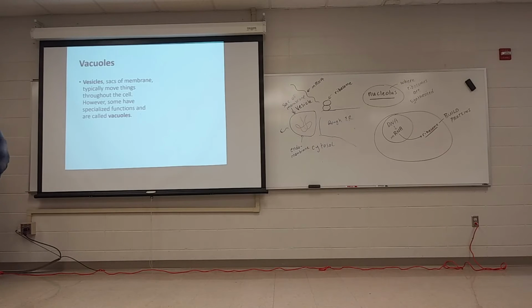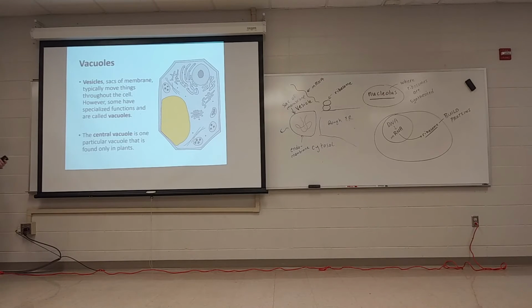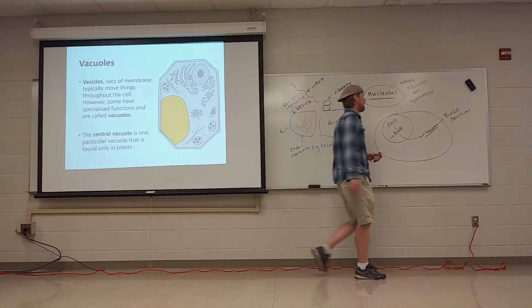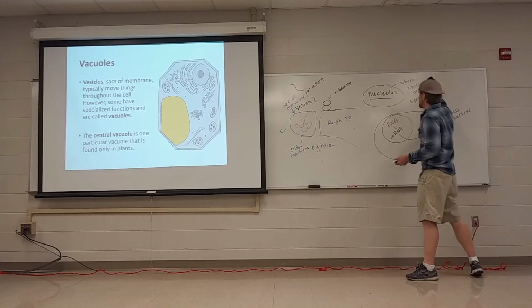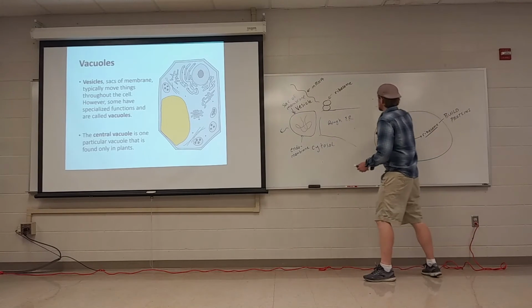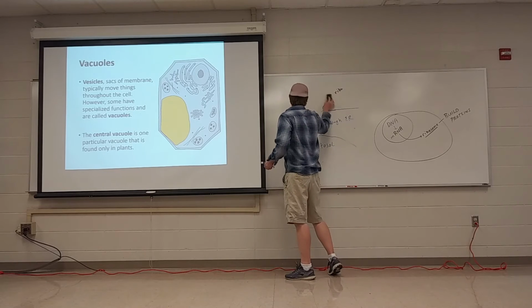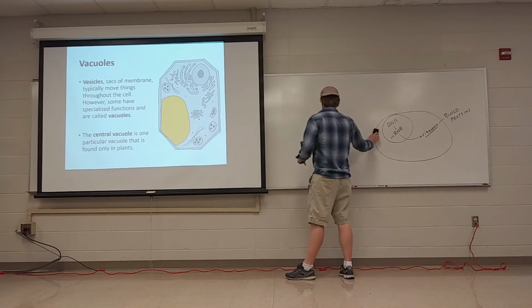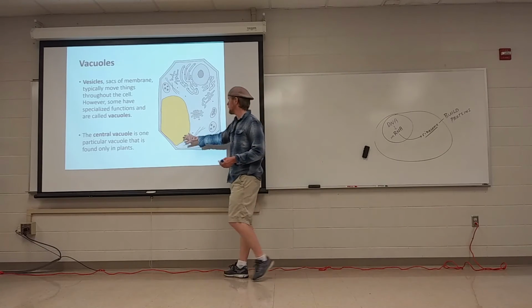And we're going to look at one particular type of vacuole. Animal cells have vacuoles as well, but the central vacuole is a unique structure that plants have that helps plants to maintain their rigid structure. So the central vacuole is this large structure here.